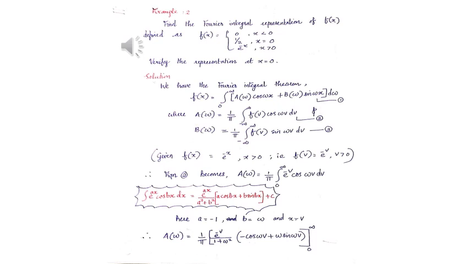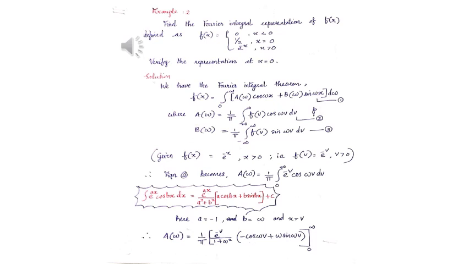Because e raised to minus v is given, the coefficient of v is minus 1. As x's coefficient is a, v's coefficient is minus 1. Therefore we have taken a is equal to minus 1 and b is equal to omega, that is the cos omega v, which is the b part. So b is equal to omega and x should be taken as v.